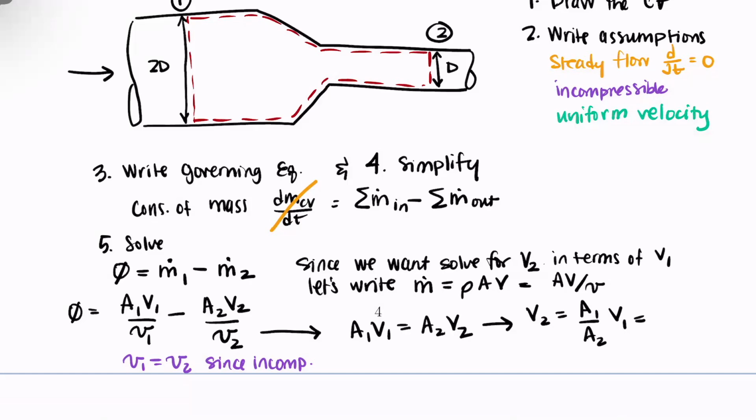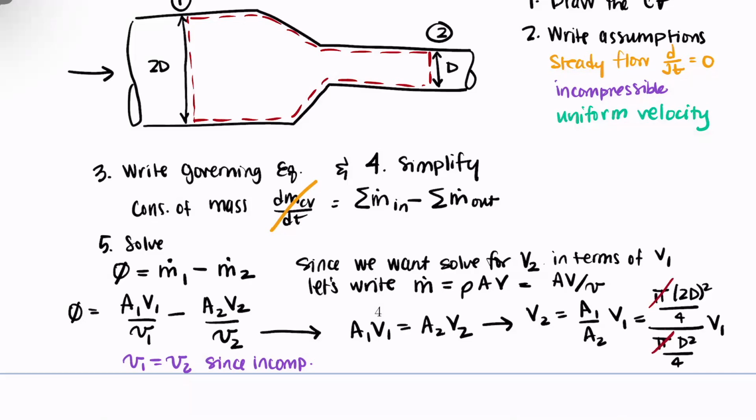Last thing is I'm just going to substitute in what A1 and A2 are relative to the diameters that were given, right? So we have A1 is pi (2d) squared over 4 divided by pi d squared over 4, times V1. We got a bunch of things to cancel out.